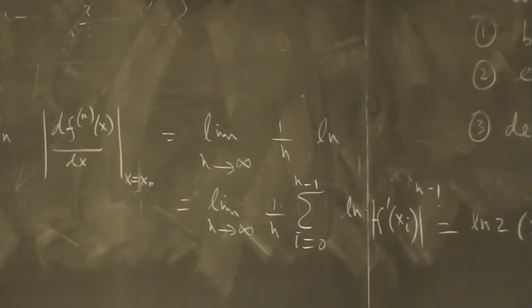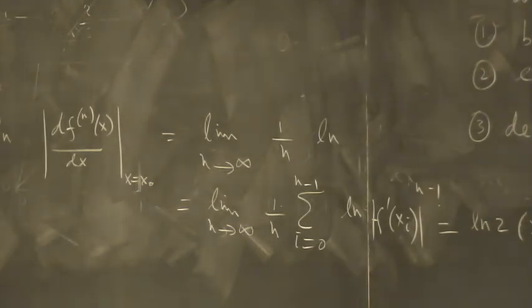But this modulus is known to be less than 1 for a stable fixed point. So the Lyapunov exponent will not be a positive number, but a negative number in such cases. And there is no exponential separation.